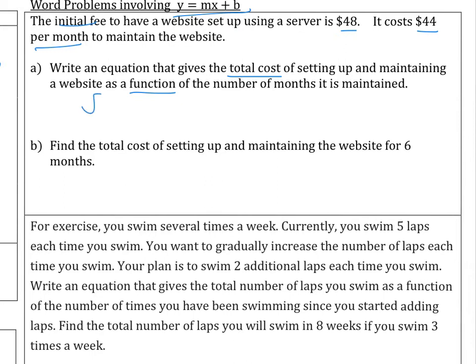So let's first define our variables. F of x, or in other words, y, will be your total cost. And x will be the number of months.